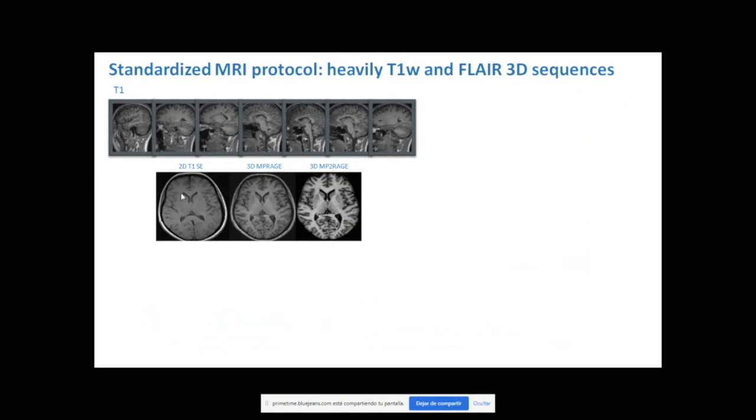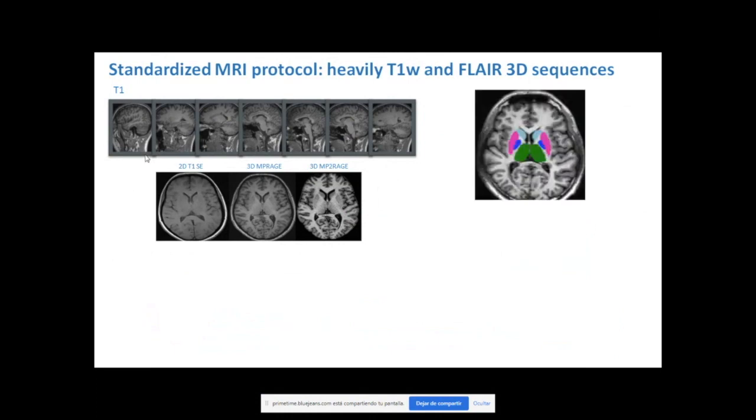So we need to perform heavily T1 weighted sequences, such as the ones that you can see here. The 3D MPRAGE is an example, or a variant in which we use an inversion recovery pulse that increases the contrast between gray and white matter. And this will facilitate the implementation of segmentation tools that, in this example, can delineate automatically the basal ganglia or the thalamus.